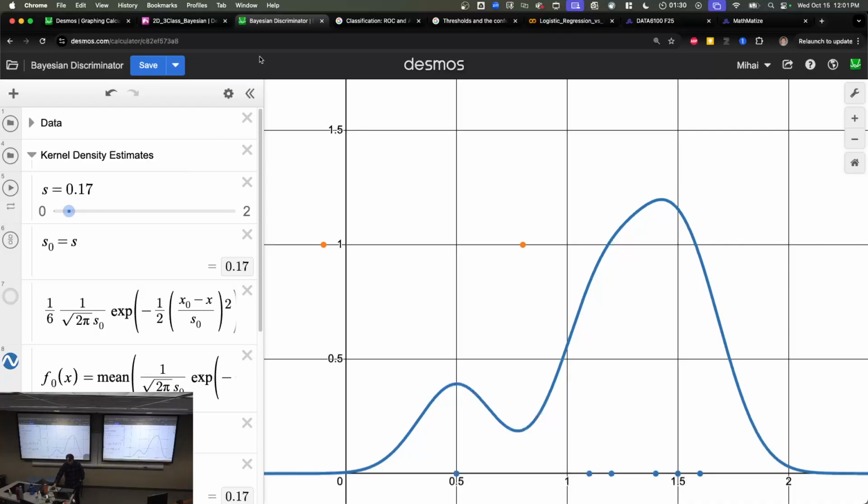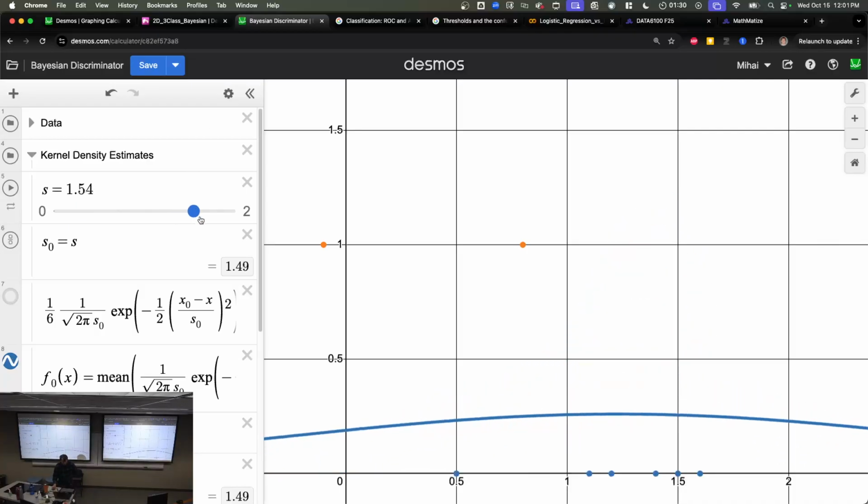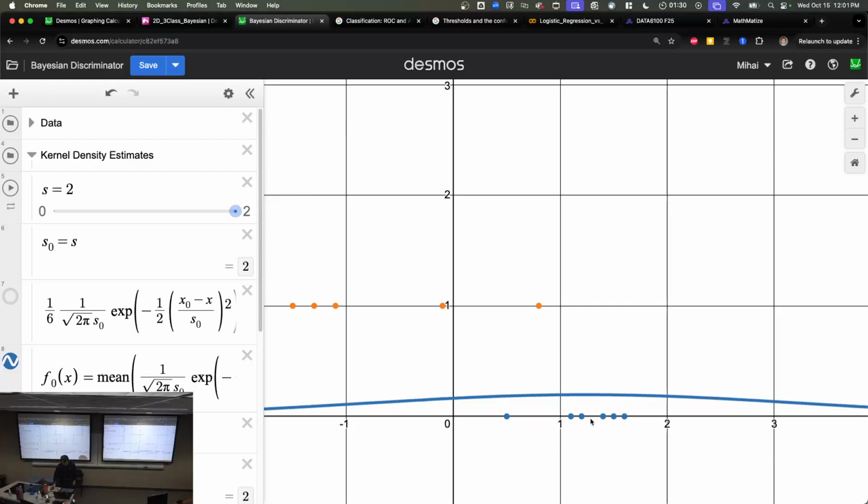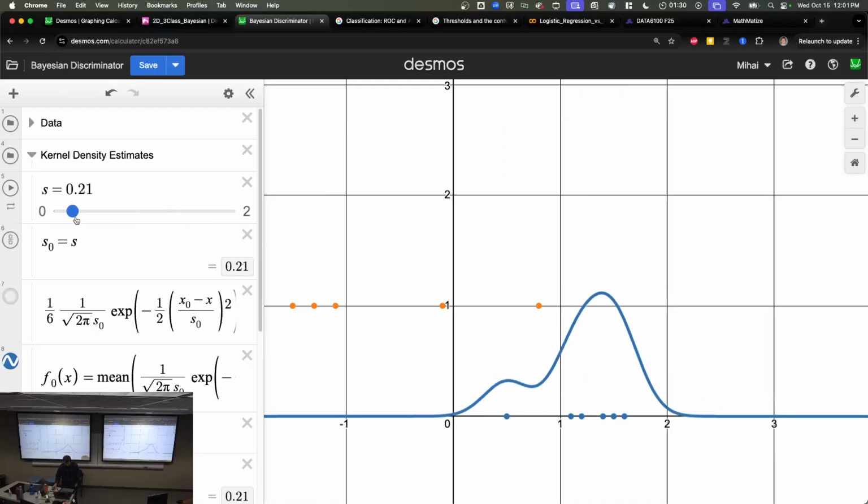Okay, but why stop at 0.17? Why don't we go all the way to 2? Nice. They've all combined into this super flat thing. And now I'm just saying there's sort of a blob of the blue things here. And who is to say if the 2 is better or the 0.05 is better? How would you tell? This is a question that we covered in the first few weeks of class.